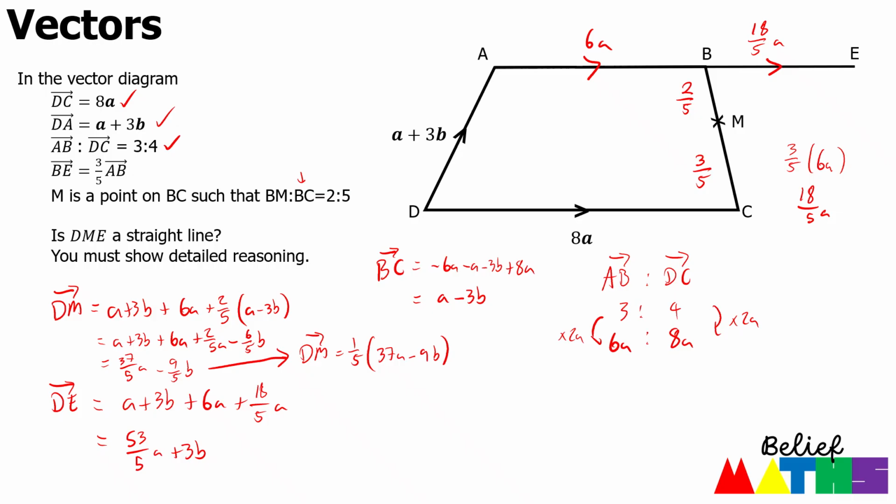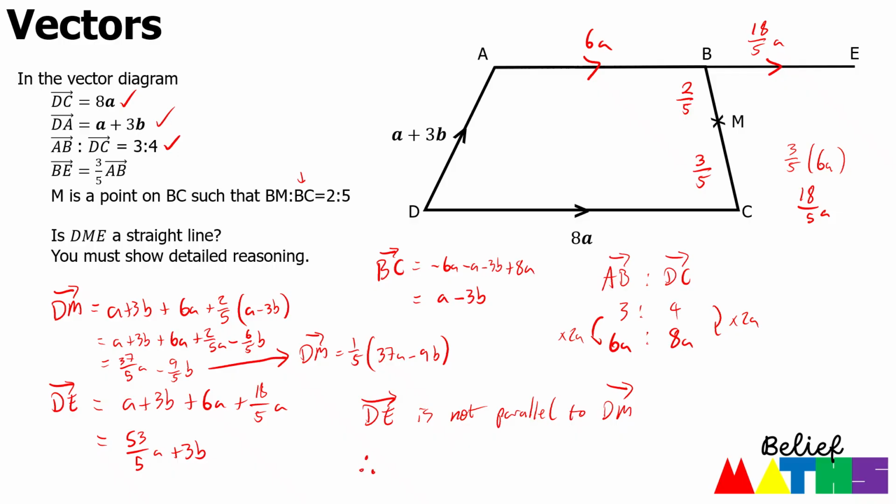If I divide my 9 by 3, you can see that's not going to work if I divide the 37 by 3 to get to the same answer. Okay, so we can tell then that DE is not parallel to DM.